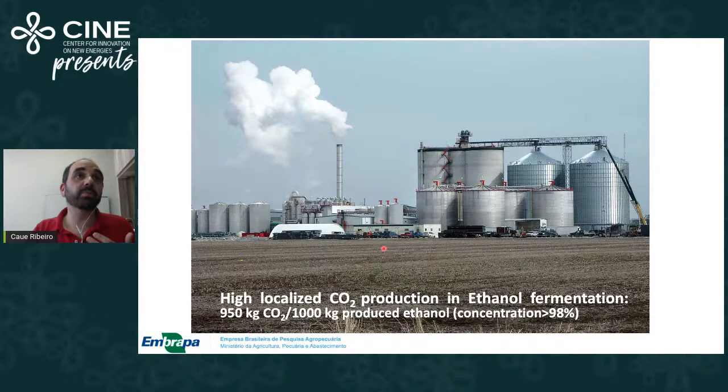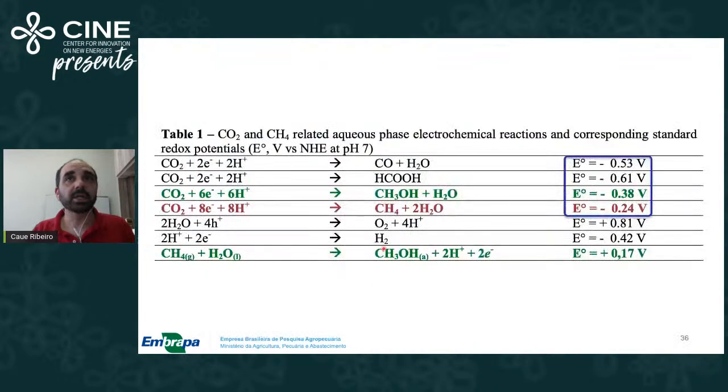This CO2 is a very pure CO2 with an adequate amount of moisture, and could be used for the production of other products, such as, for example, the different components we can produce by reducing it to carbon monoxide, formic acid, methanol, methane, among other products.